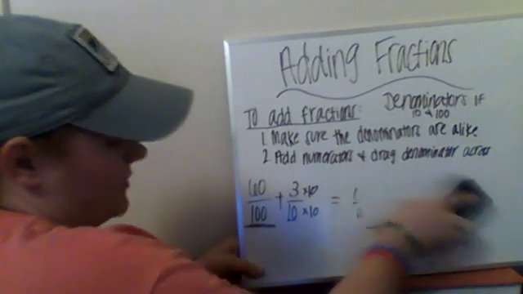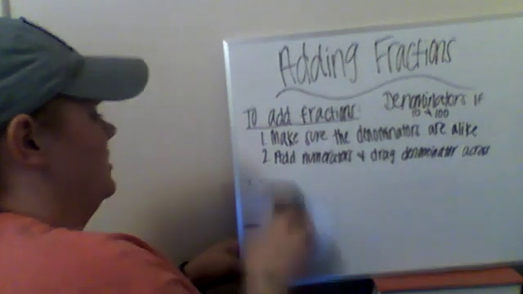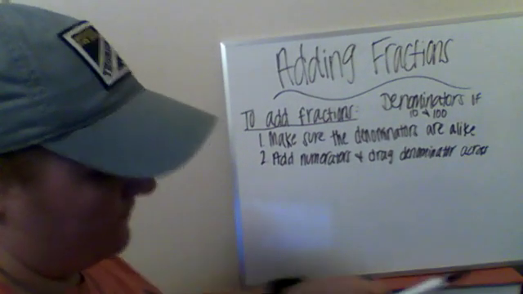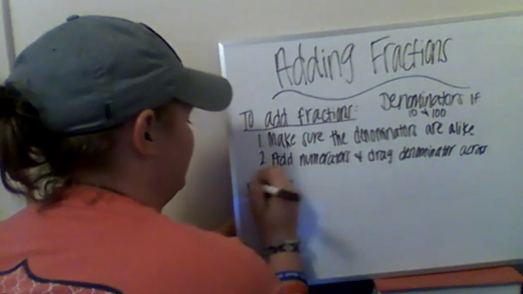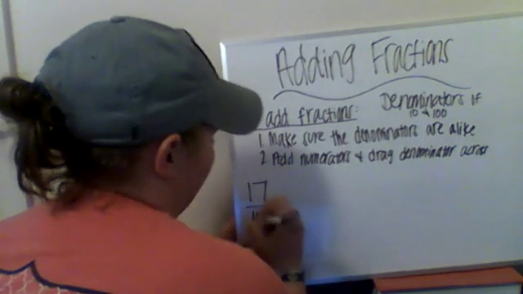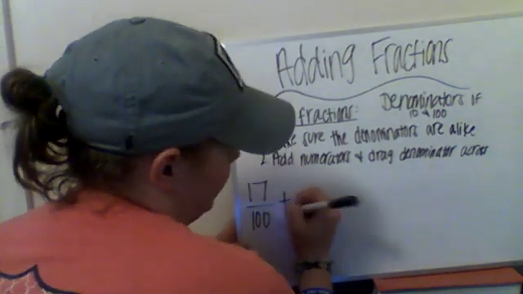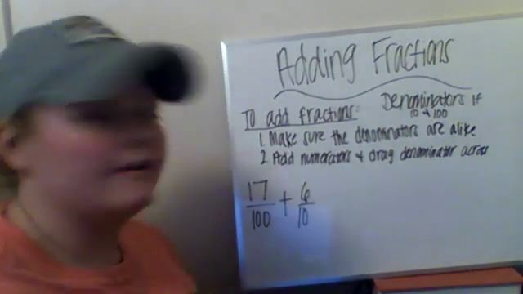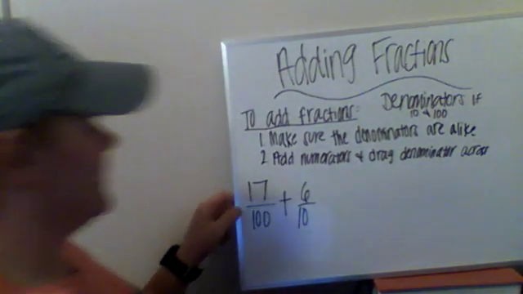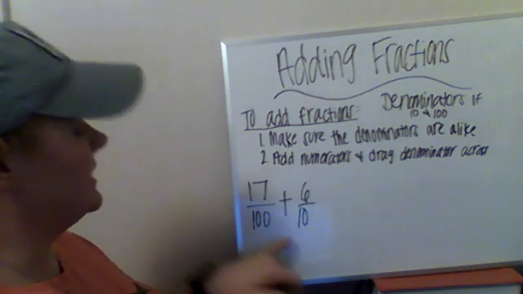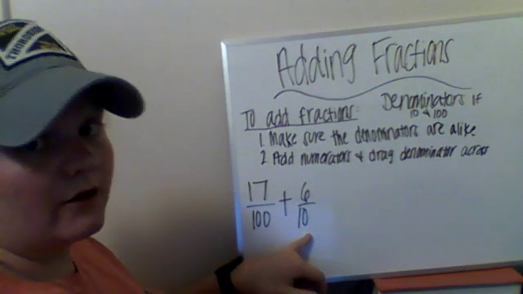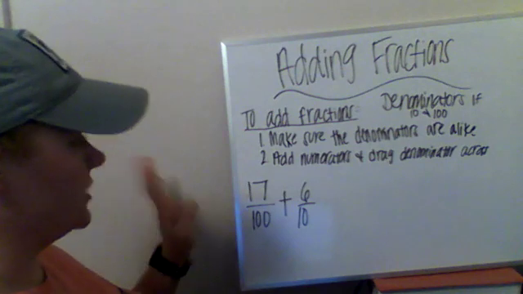Let's look at another example. All right, if I gave you 17 hundredths, now I want you to add 6/10. Now look at this. So I have 17 hundredths and I'm going to add 6/10. This one will give you a decimal or a fraction inside of a fraction.